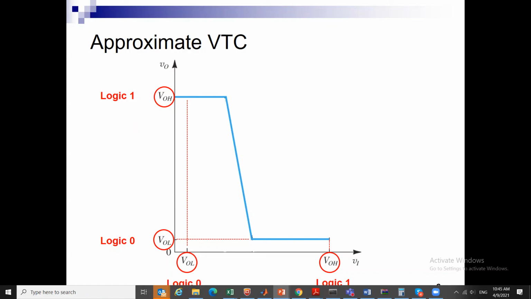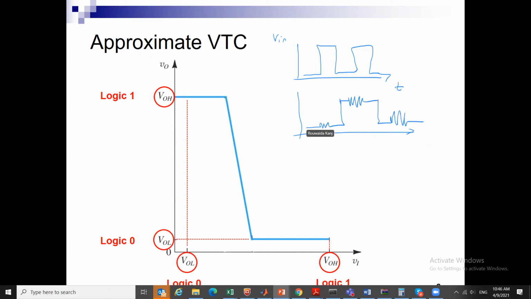While my input signal as a function of time can fluctuate between VOL and VOH, in real life I may get input signals that are noisy, and usually noise adds up to them. So I want to determine where the circuit can operate and still provide me the logic 0 and logic 1.